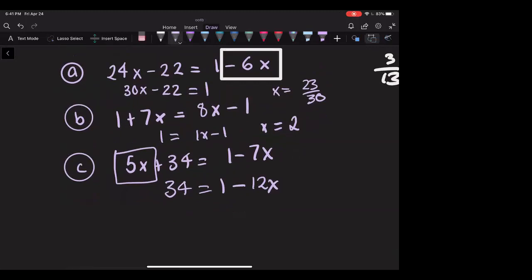So is the one negative or positive? The one is positive because it's in front of it, right? So now it's negative 12 over 35.